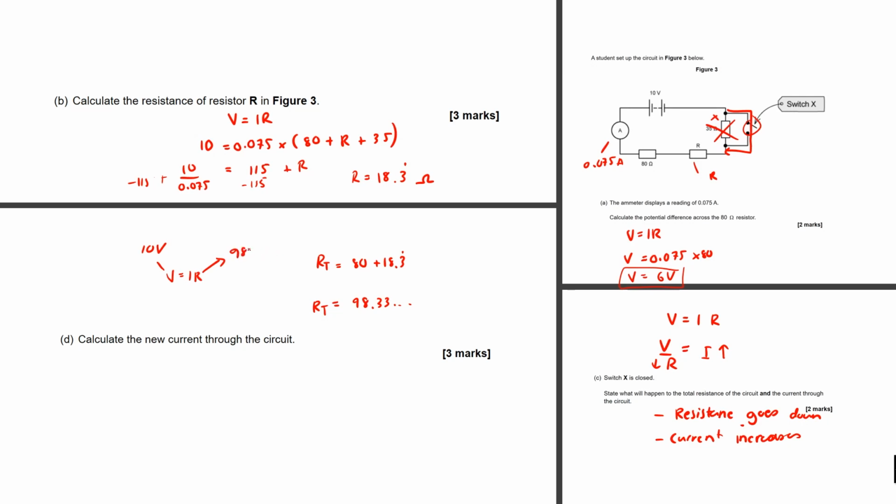So we've got 98.33 recurring, and we're just going to divide the two to find the new current. So V divided by R equals I. V is 10 and R is 98.333, and that's going to give us I.